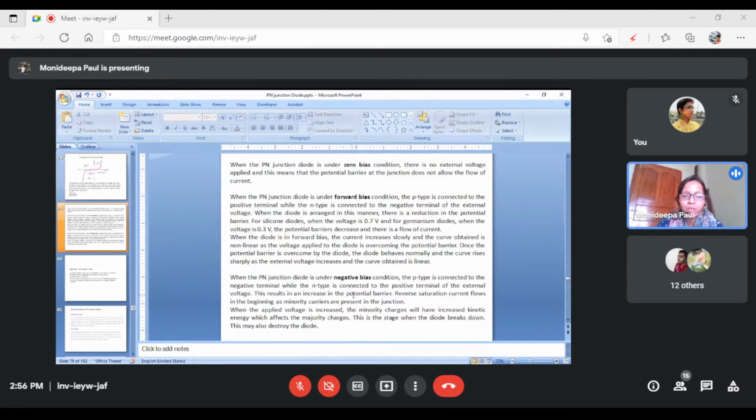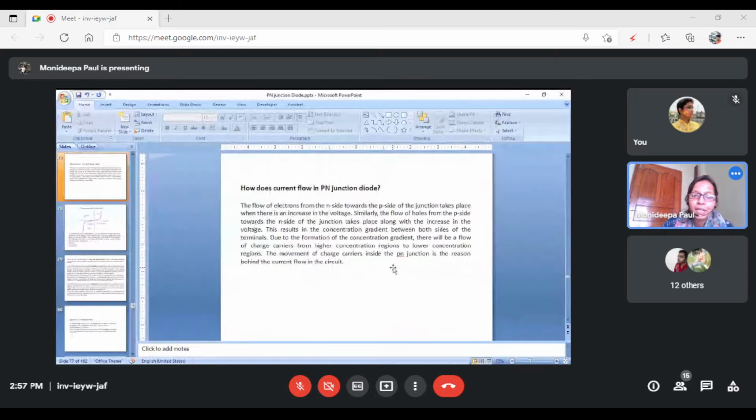In the reverse bias condition, what happens? The n side of the PN junction is connected to the positive terminal of the supply, and the p side of the PN junction is connected to the negative terminal of the supply. When the PN junction diode is negatively biased, with this type of connection, the result is an increase in the potential barrier.